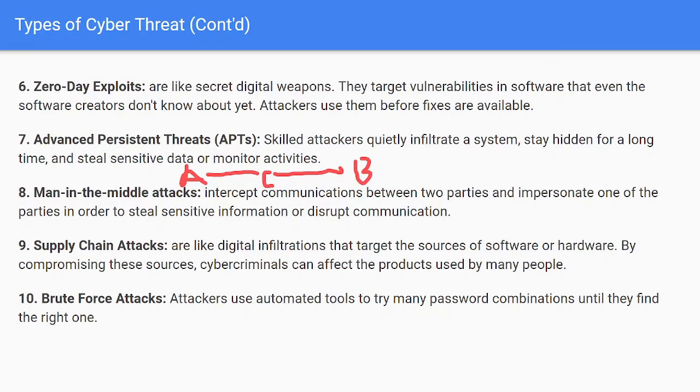So we have the supply chain attack. These are digital infiltrations that target the sources of software or hardware. By compromising these sources, cyber criminals can affect the product used by many people. Let's say we have 5 organizations that make use of GitHub. As developers in different organizations, you're making use of your GitHub account and everything. And then the attacker says, if we can breach GitHub, we can breach these other 5 organizations that are using it.